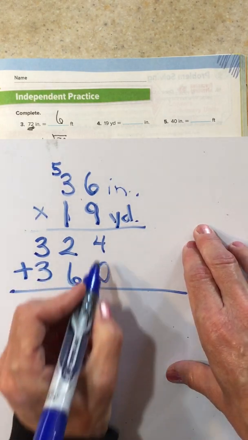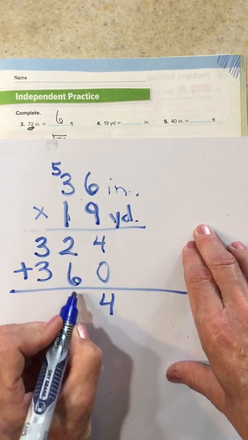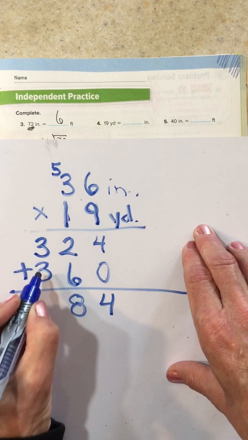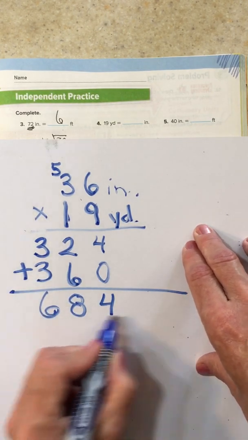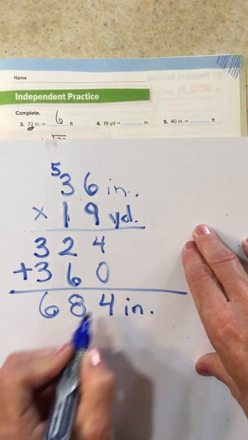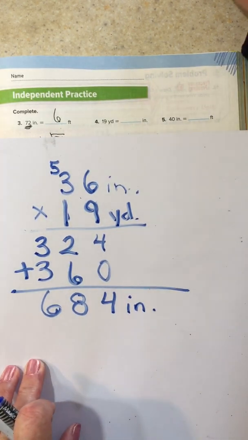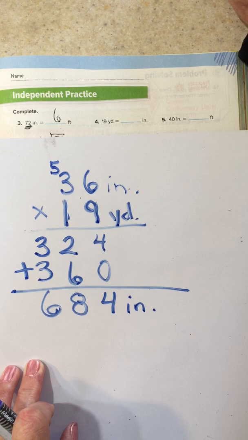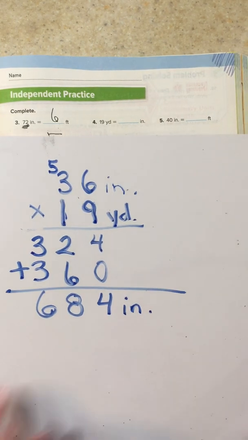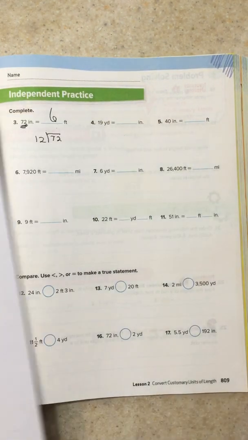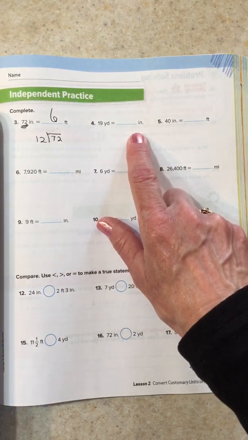Add it together. 4 plus 0, 2 plus 6, 3 plus 3. This is an answer in inches because we're trying to figure out how many inches it would be. The final answer, let me make sure I'm not miscalculating anything. Yay, I'm right, it is 684 inches. So that's a lot.